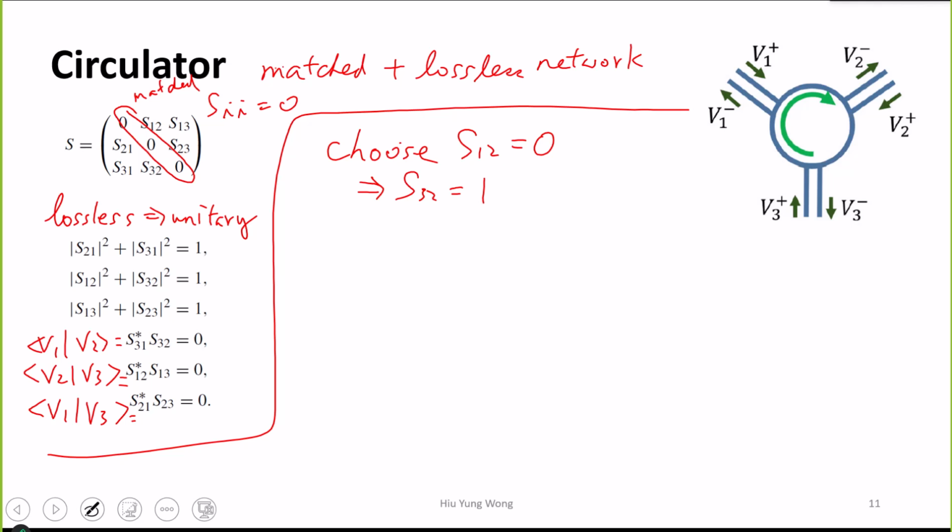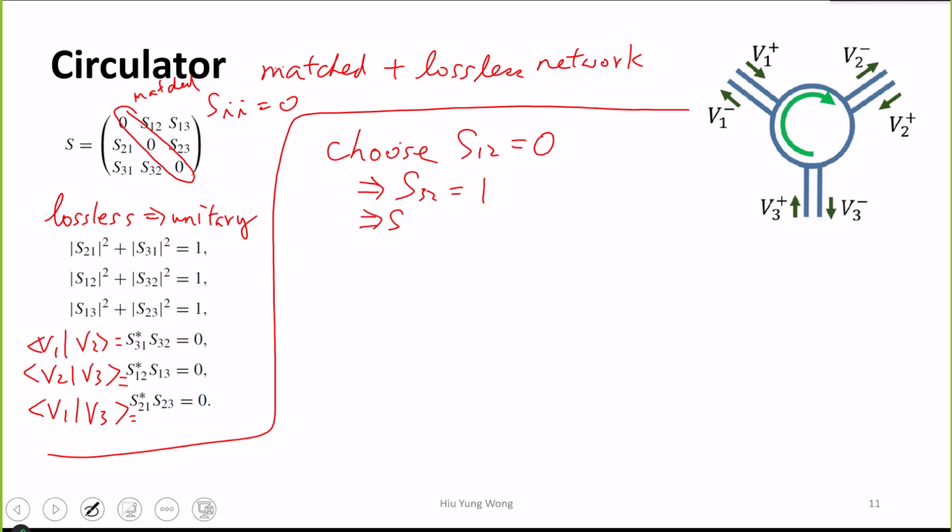Now, because S32 equals 1, what will be S31? 0, right? Something times 1 equals 0, then that must be 0.